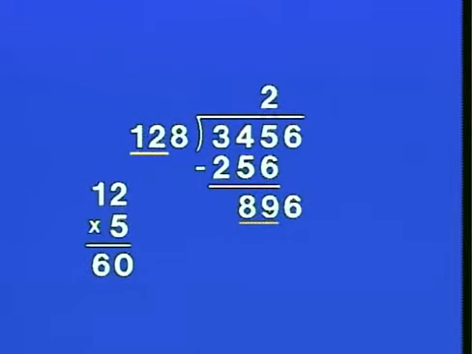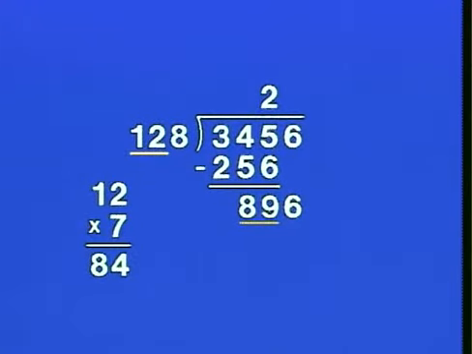Well, 60 is quite a bit smaller than 89, so I might try a multiplier a little bigger than 5. I might try 6. 12 times 6 is 72. Well, 72 is still rather significantly smaller than 89, you see. So I might try another number. I might try 7. 7 times 12 is 84. And so 7 is the logical choice here.